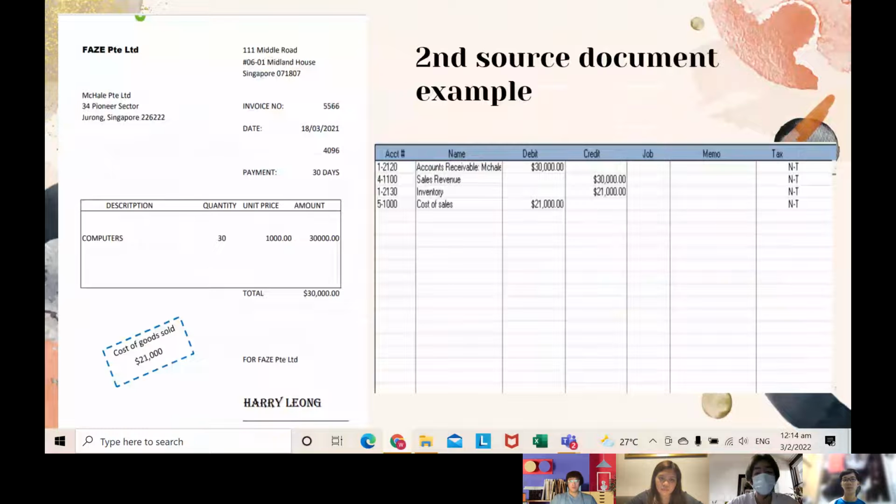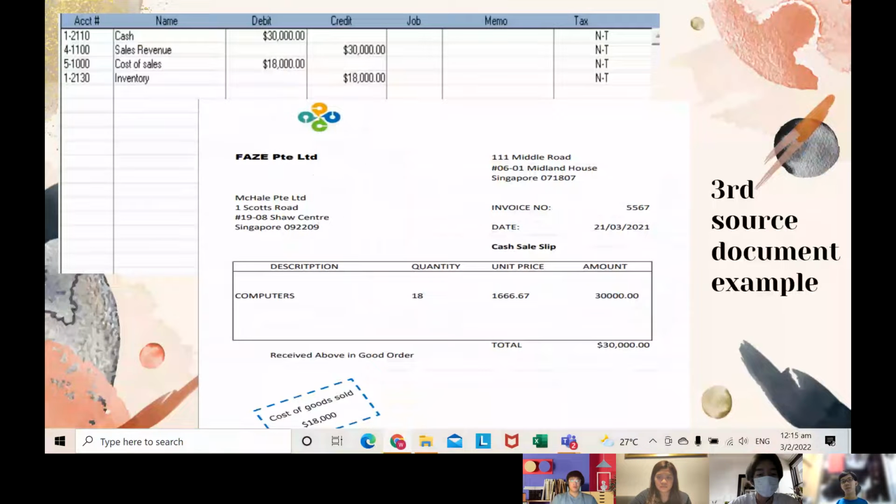Sales revenue increased also by 30,000. However, a decrease in inventory by 21,000 as we are selling the inventories away. The cost of sales would have to increase by 21,000 as it is an expense of selling the inventories.